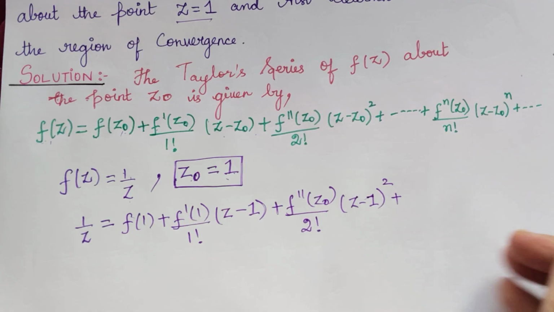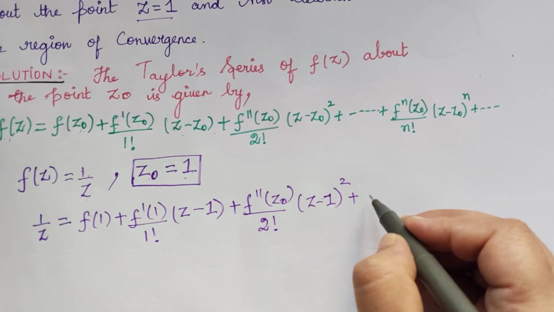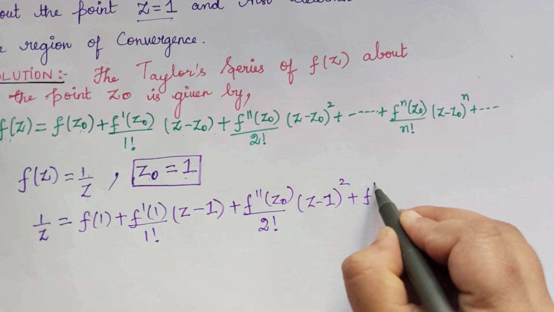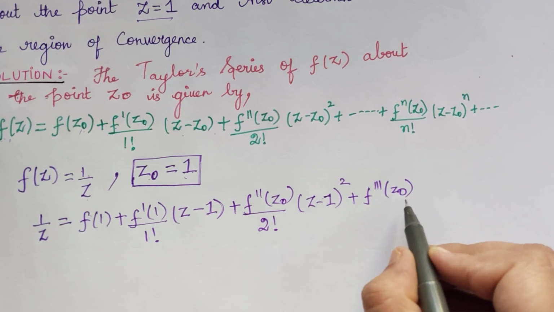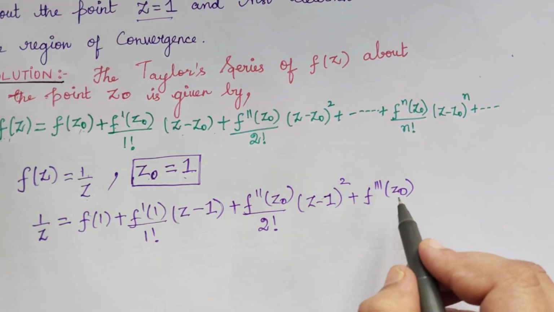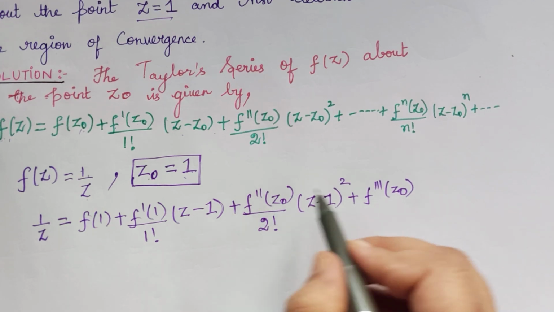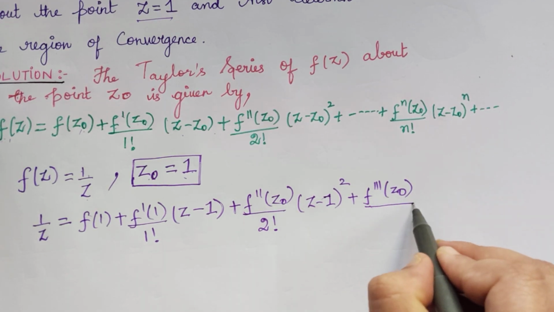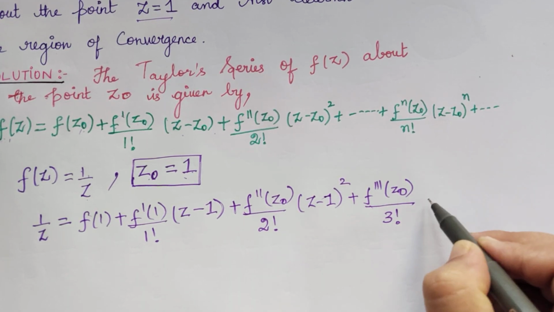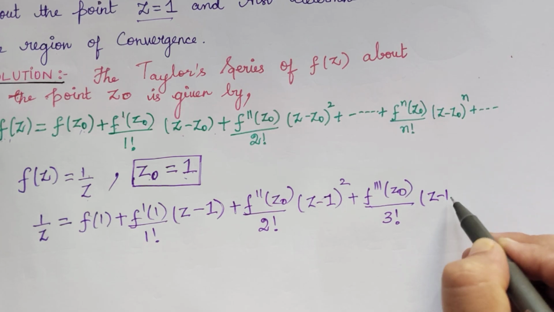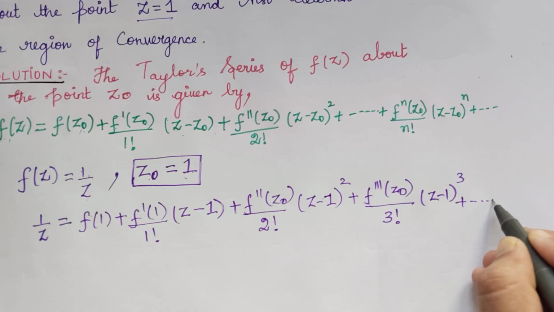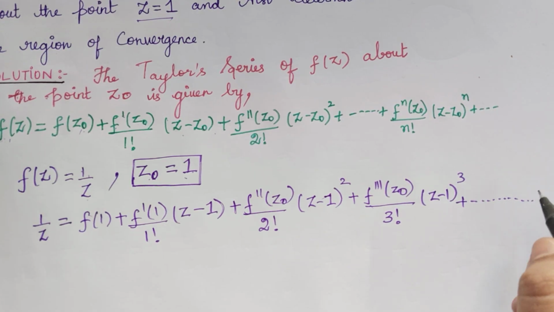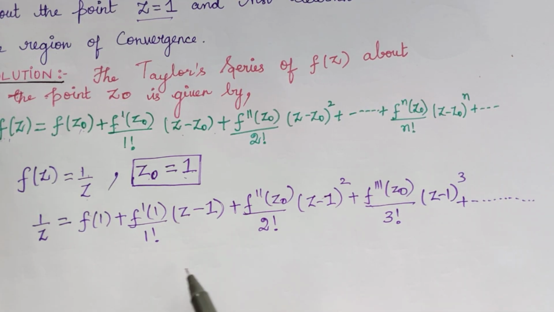We will write the third term also, that is f triple dash of z naught divided by 3 factorial multiplied with z minus 1 the whole power 3. And then plus etc. It's a power series expansion, so we need not write the general term. So the first 4 terms I have written, plus etc.